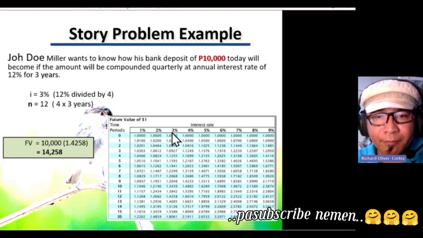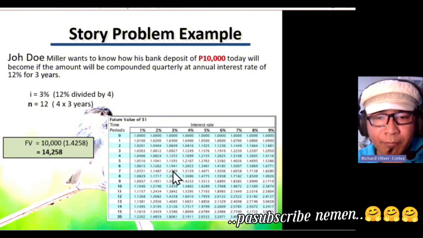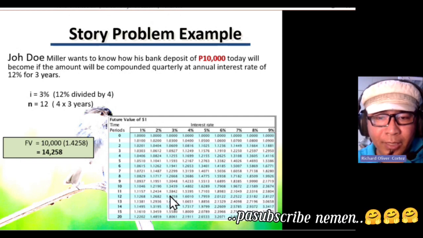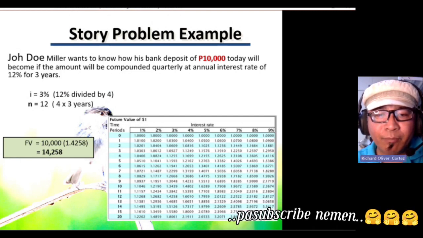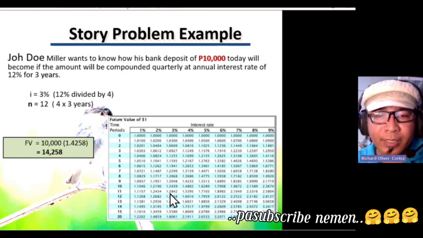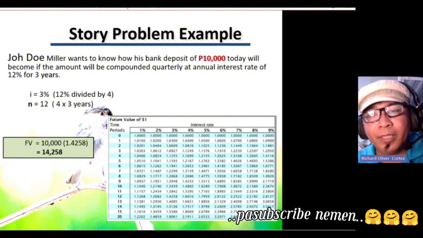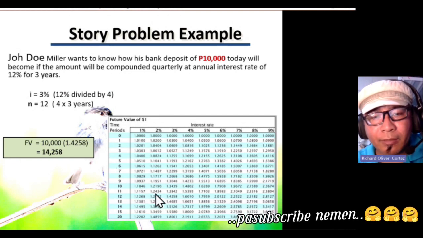We go downward hanggang makaabot tayo sa 12, row number 12. Okay? Sabi ng row number 12, dito sila nag-meet, 1.4258. So 1.4258, that is the compound factor na ating gagamitin in multiplying that to our principal na 10,000 pesos.